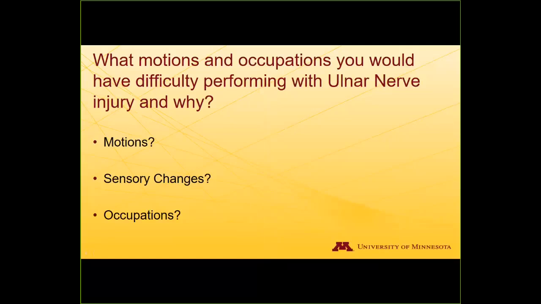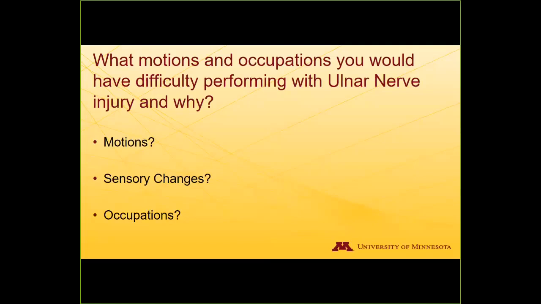We would have problems fully flexing our fingers into this position. We would also have weakness in wrist flexion because the flexor carpi ulnaris flexes our wrist, and weakness in ulnar deviation because the flexor carpi ulnaris ulnarly deviates our wrist. So we wouldn't be able to produce this very easily. Okay.